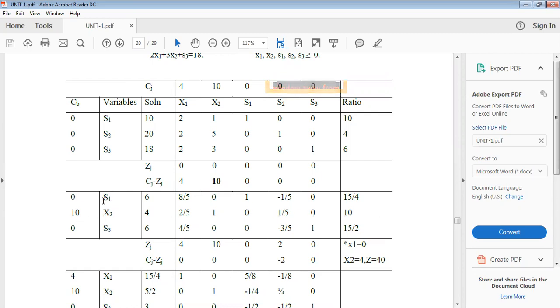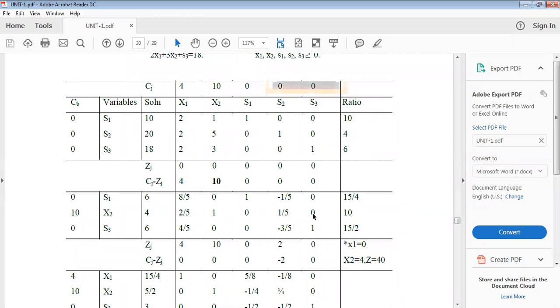So after this row 2, with respect to this row 2, you have to develop this new R1, and you have to develop this new R3. So new R1 and new R3 you have to develop. So therefore here you can find out this new R1. New R1 is equal to old R1 minus 1 into this new R2.